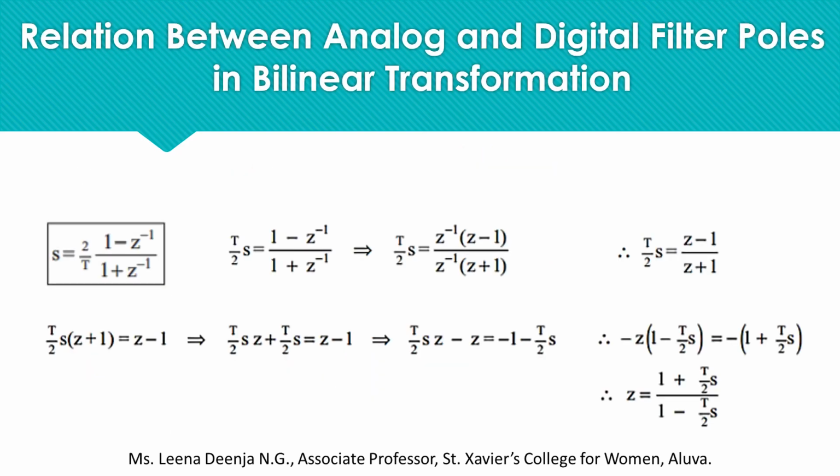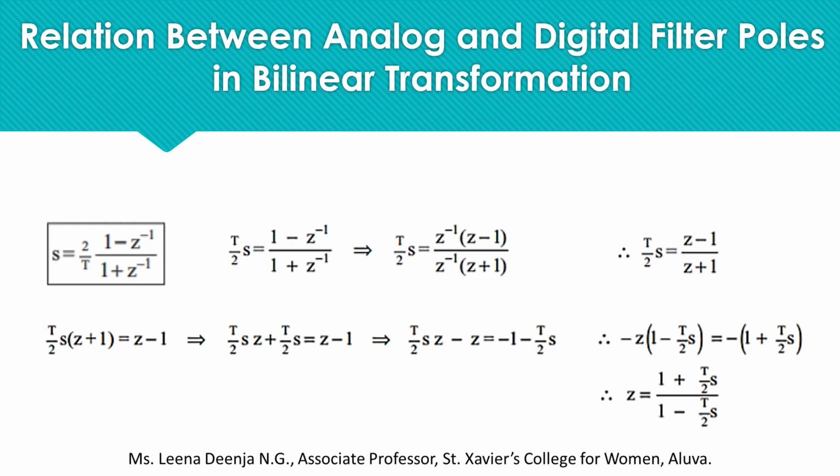Next, we consider the relation between analog and digital filter poles in bilinear transformation. The mapping of the S-domain function to the Z-domain function by bilinear transformation is a one-to-one mapping. That is, for every point in the Z-plane, there is exactly one corresponding point in the S-plane and vice versa.